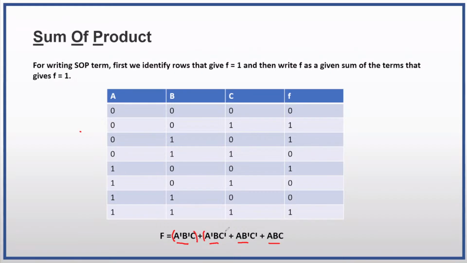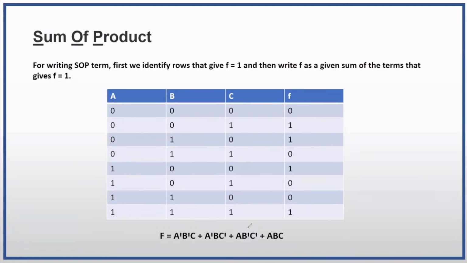But then what happens? All these terms, the min terms, are added and you get the sum as the function. Therefore, this is why we call it sum of products.